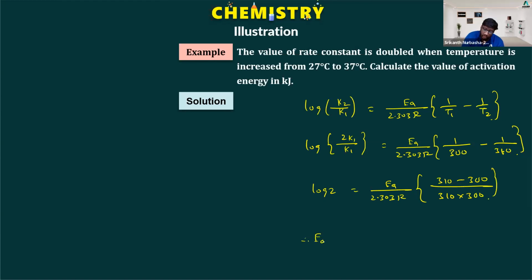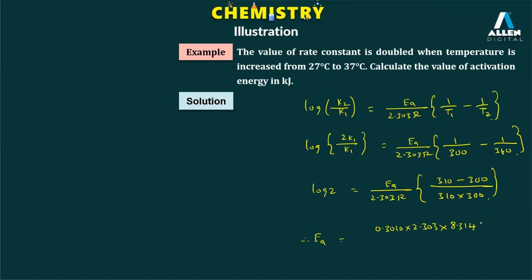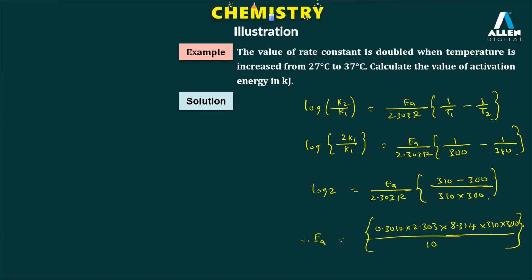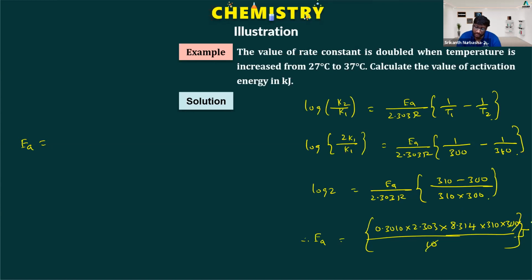Therefore, EA is equal to log 2, which is 0.3010, into 2.303 into R, in kilojoules they want. So I am writing 8.314 joules, into 300 into 310 divided by 10. The 10 cancels out.